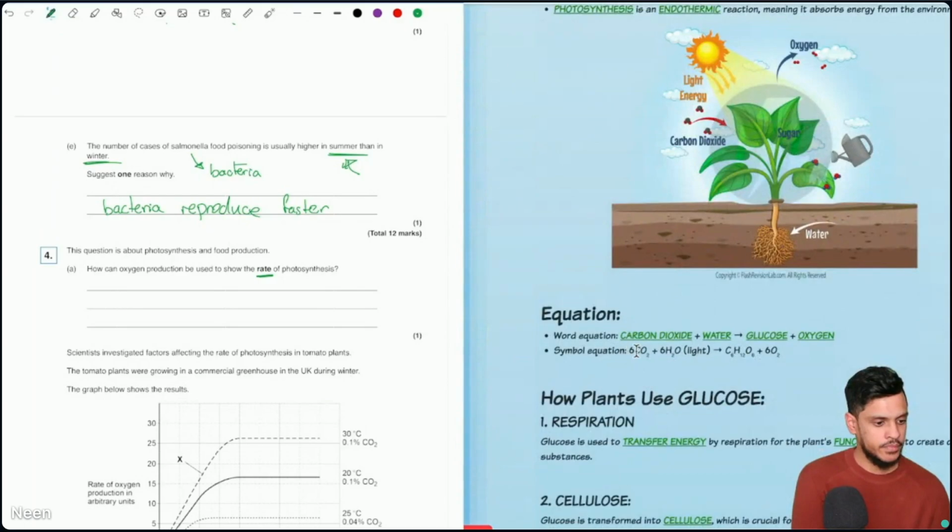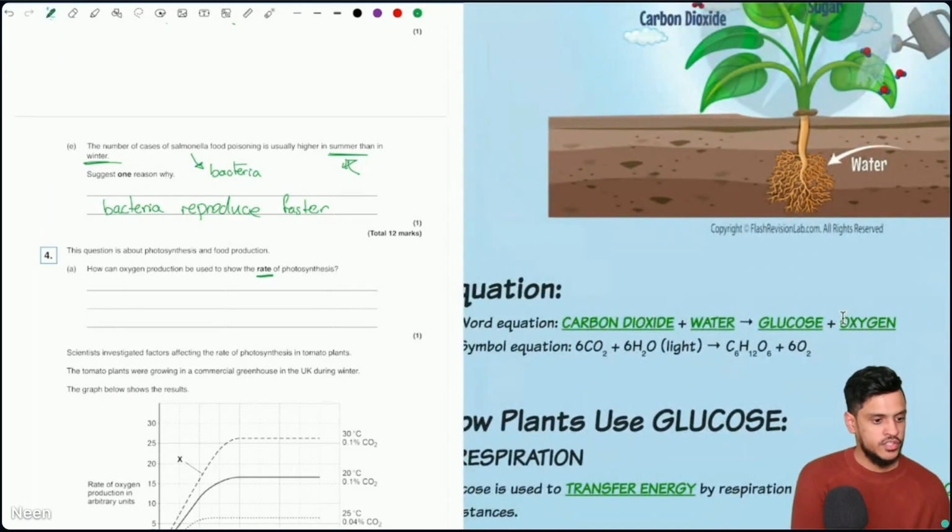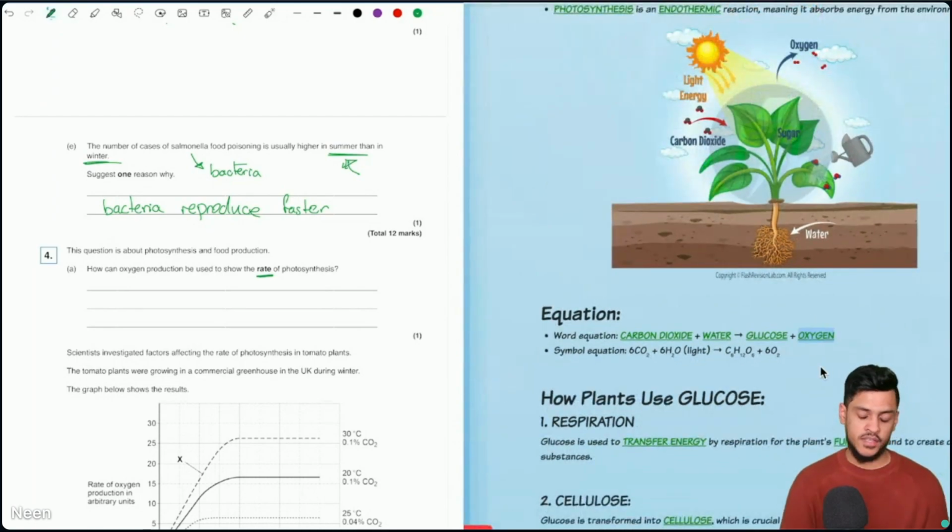Produces oxygen, yeah? So actually it's not the more oxygen, it's the faster the oxygen is produced, the faster the rate of photosynthesis.